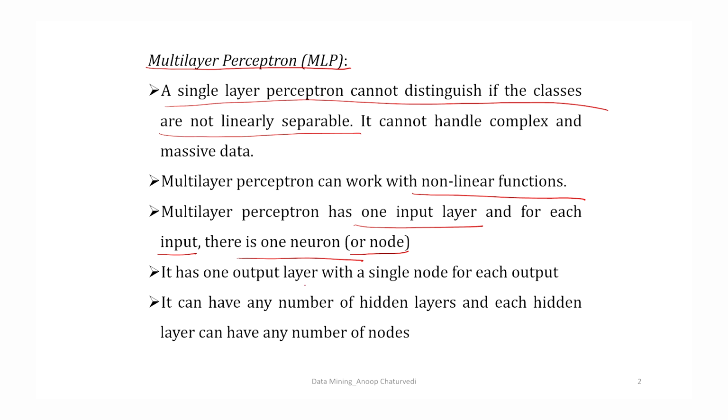In output layer also, we have a single node corresponding to each output. Then in between the input layer and output layer, it can have any number of hidden layers, and each hidden layer can have any number of nodes.